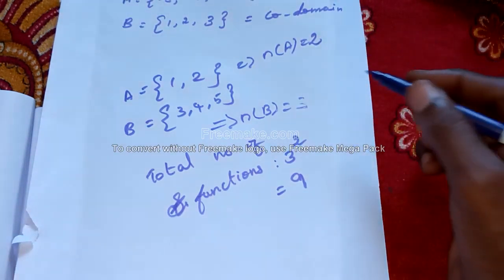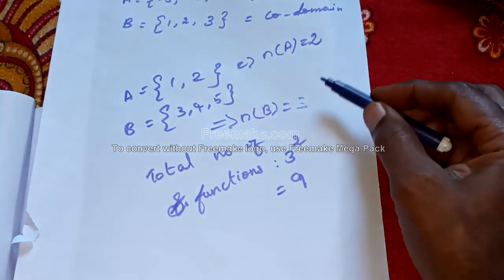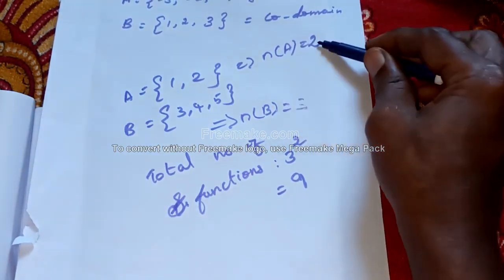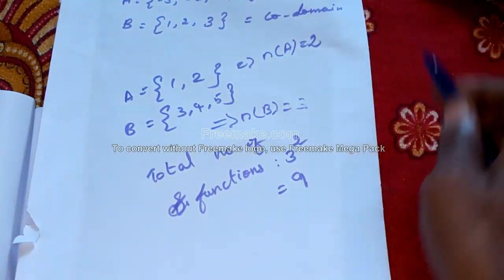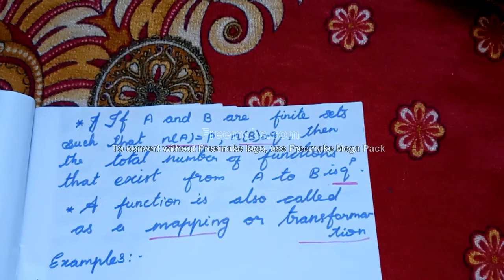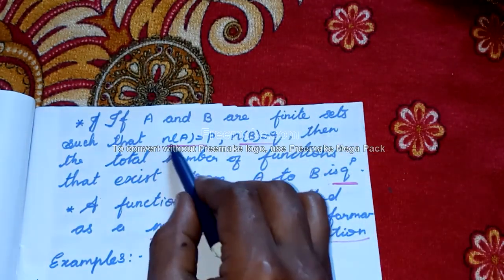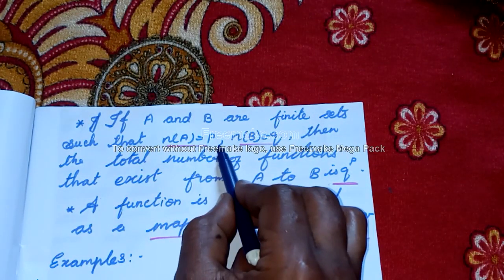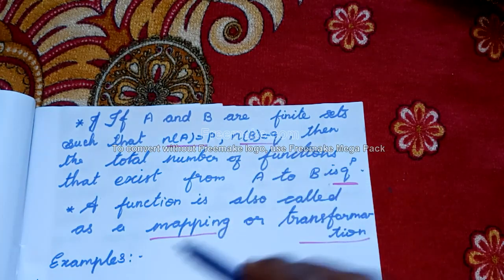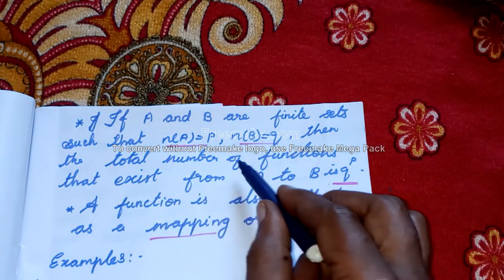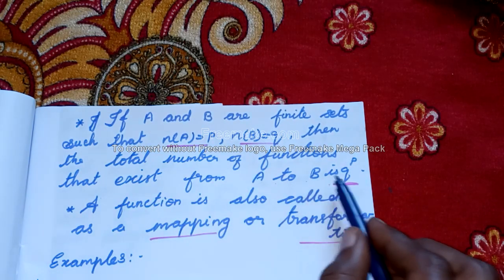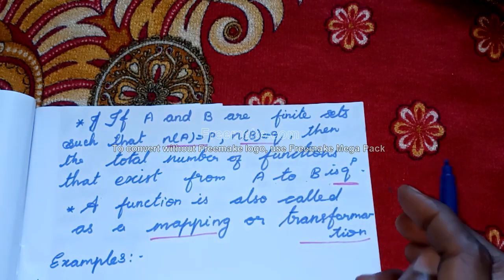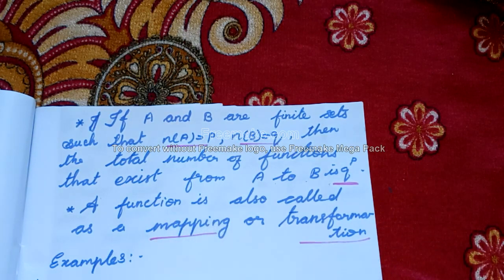That is, if A and B are finite sets such that n of A is P and n of B is Q, then the total number of functions from A to B is Q power P. Next, a function is also called a mapping or transformation. Okay, another name for function: mapping or transformation.